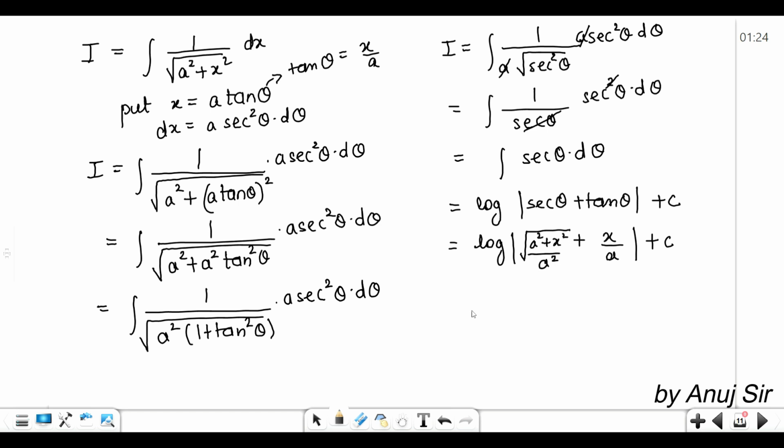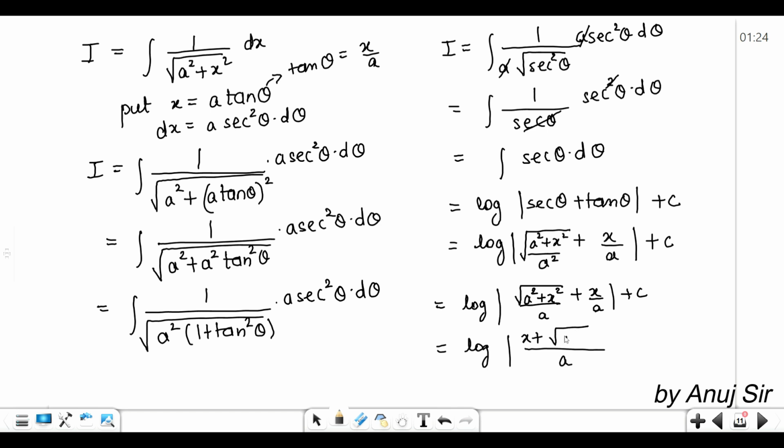Okay, log, again we can take the square root of a square in the denominator, so that gives you a, and this will be the same. Now we have the same common denominator, so that gives you x plus the square root of a square plus x square.